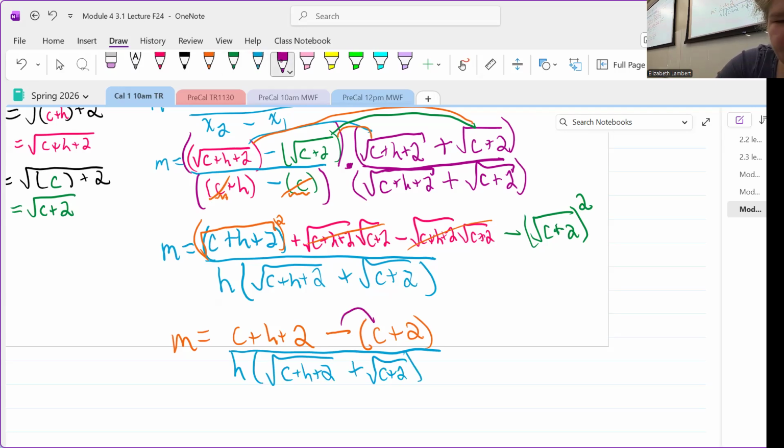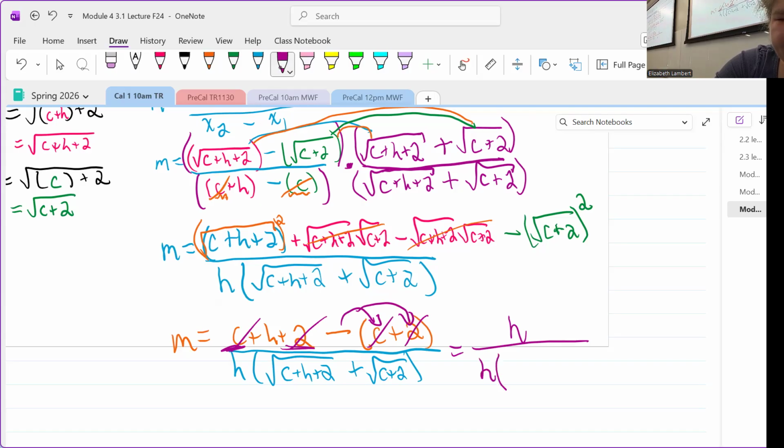Now this minus sign here, though, we're going to end up with a minus c and a minus 2. And oh, look, there's a positive c and a positive 2 on top. So all we end up with on top is an h.